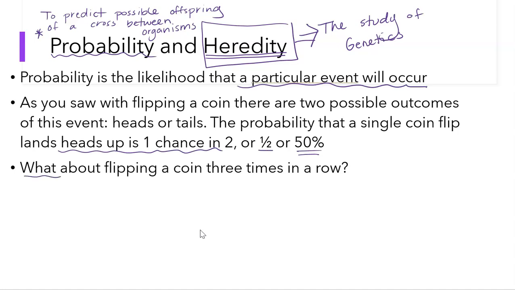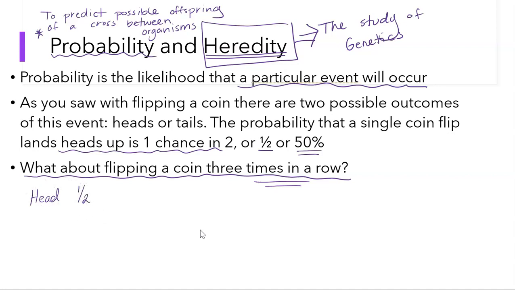But what would you predict the probability of flipping a coin heads 3 times in a row? So to get heads on a penny, you have a 1/2 chance. To get that 3 times in a row, these events are independent of each other. Flipping a heads once doesn't necessarily mean that you're going to flip it again.